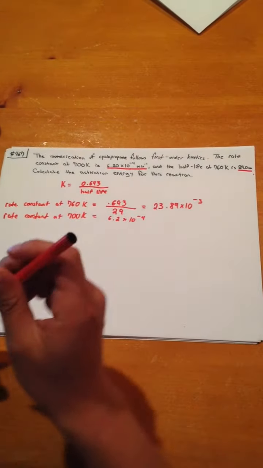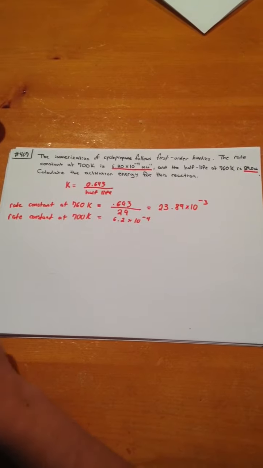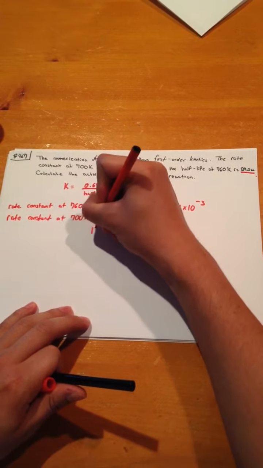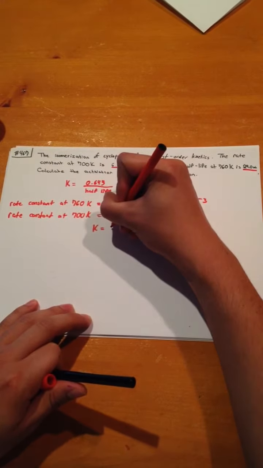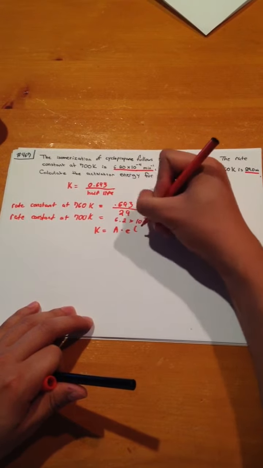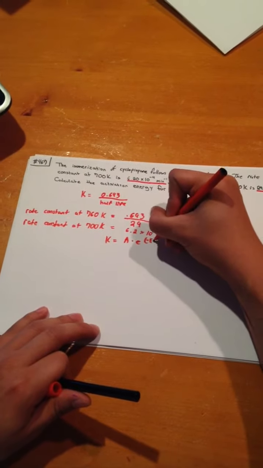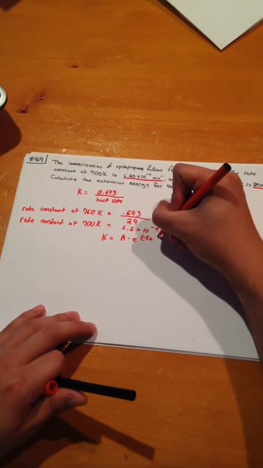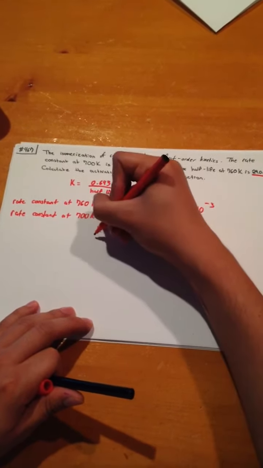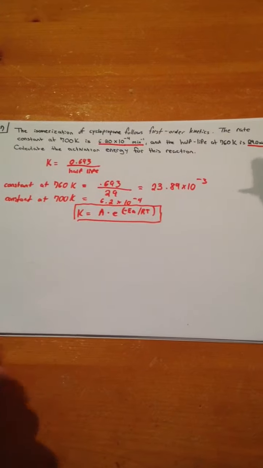Now what we're using these two equations for is the Arrhenius equation. In case you don't know that equation, it's going to be k equal to A times e, all raised to the negative Ea, the activation energy, divided by the gas constant times T. That's the equation for Arrhenius. Just remember that, it's important.